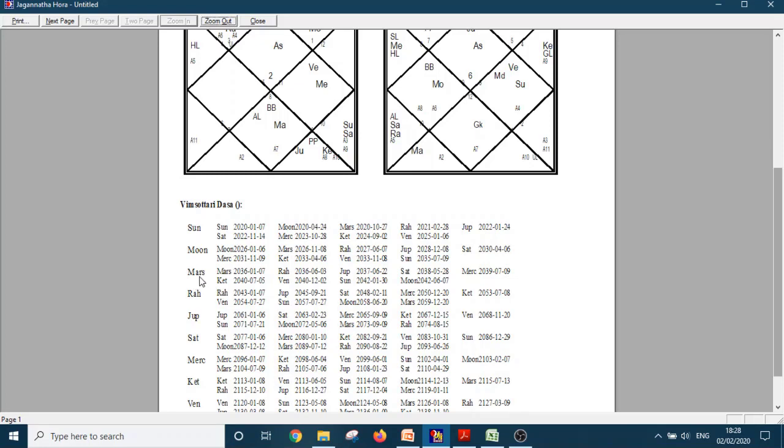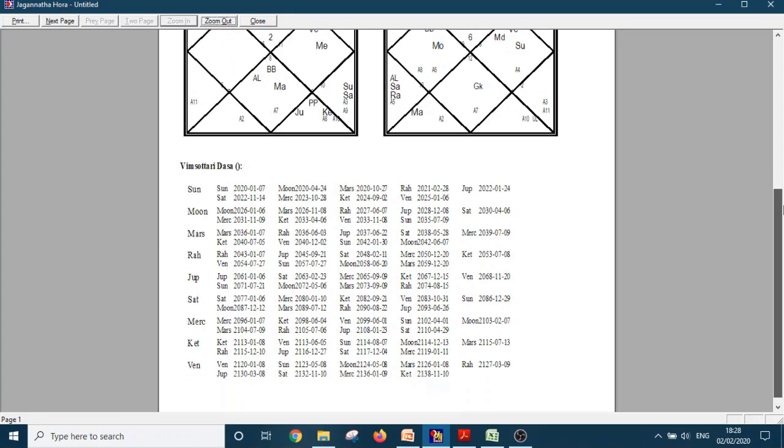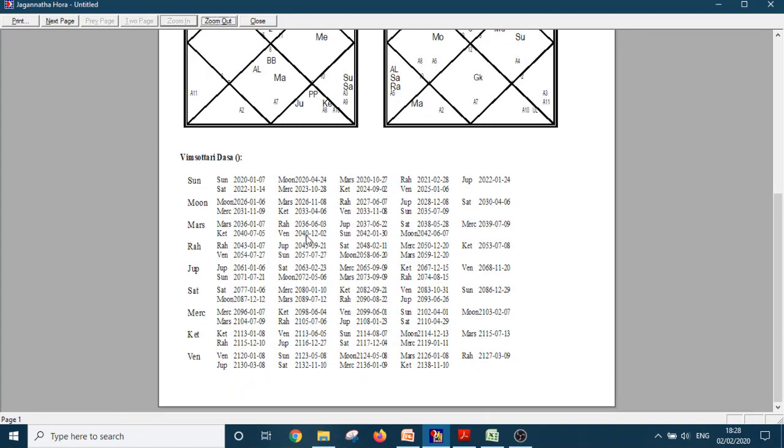So it all depends. If you had the first dasa as Mars, next will be Rahu, then Jupiter, and so on and so forth. I'll cover the dasa system because it's the most important tool of Vedic astrology in future videos.